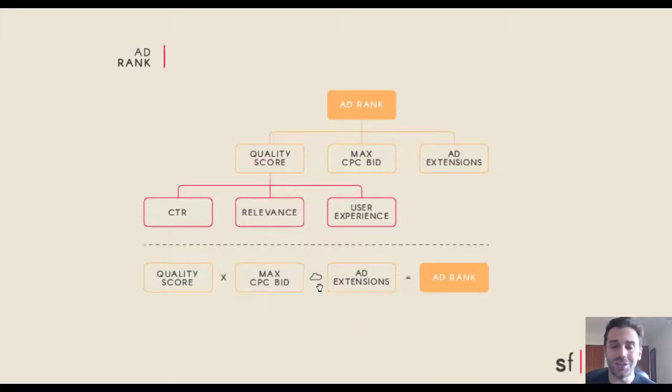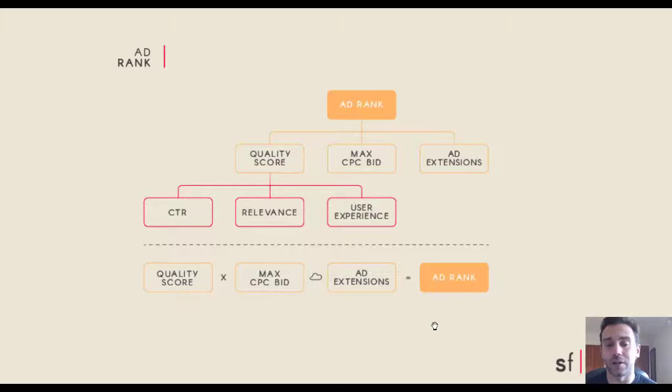Now, as is normal with Google, you don't really know exactly how the algorithm works, maybe because they don't themselves, I don't know. But we know ad extensions have an impact. We just don't know exactly what it's doing, hence this sort of cloud element here to denote that it's part of the equation. We just don't know exactly how it factors in.